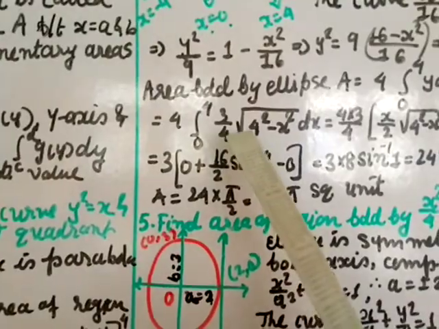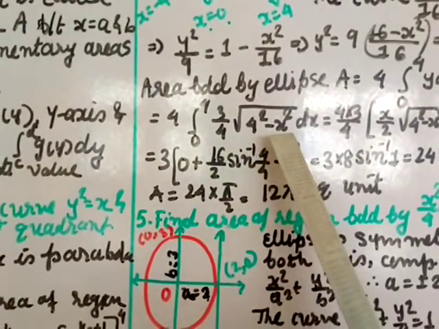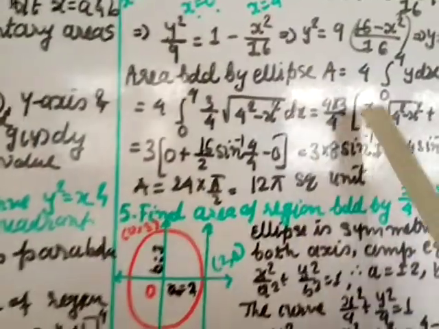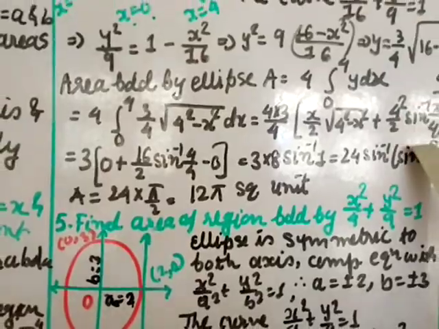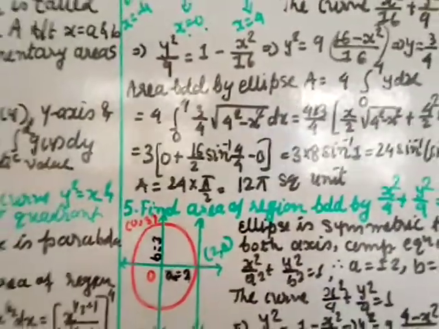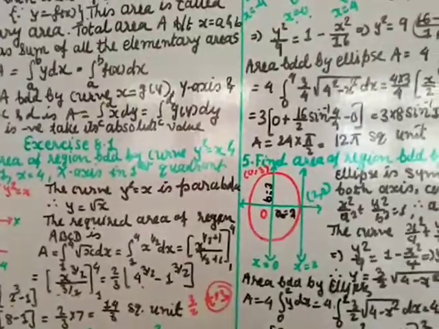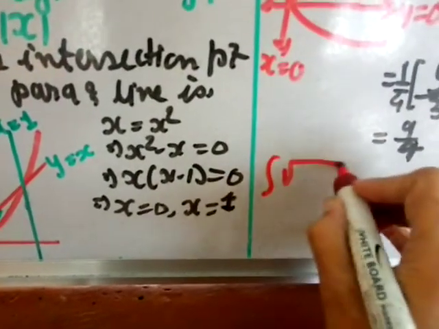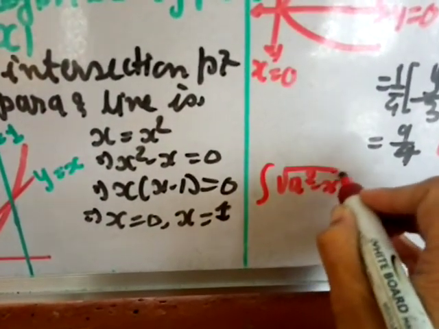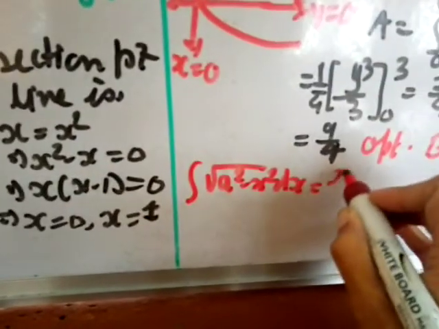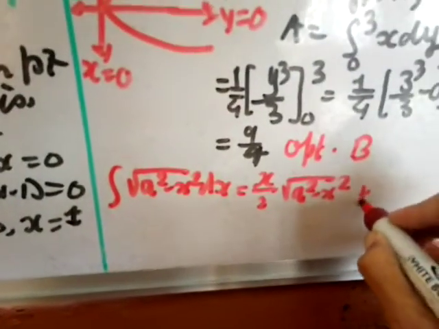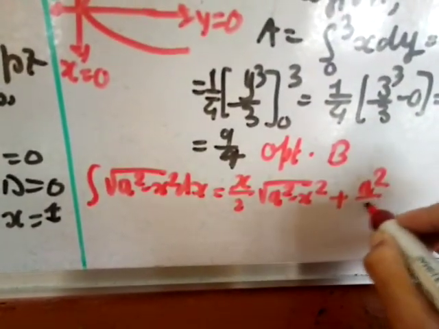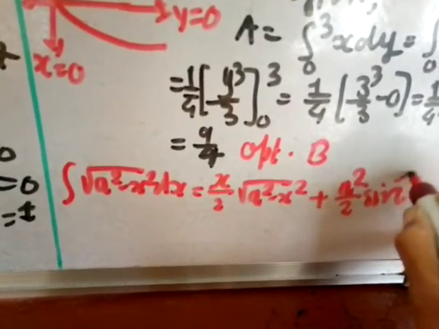This identity is for the square root of a square minus x square, and the answer of this formula is x by 2 square root of a square minus x square plus a square by 2 sin inverse x by a. I have directly written it, not written it here. Anyway, let me write it, because we are going to use it next time also, so I'll write it once. The integral of square root of a square minus x square dx is x by 2 square root of a square minus x square plus a square by 2 sin inverse x by a plus c.